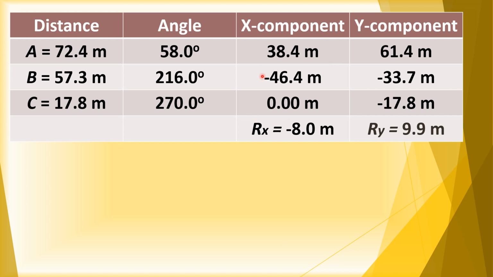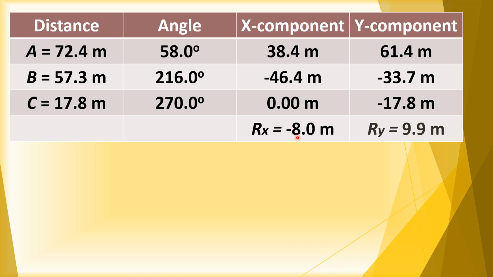So the sum of the x components of all three vectors, represented by Rx, is equal to negative 8.0 meters, while the sum of the y components of vectors A, B, and C, represented by Ry, is equal to 9.9 meters.